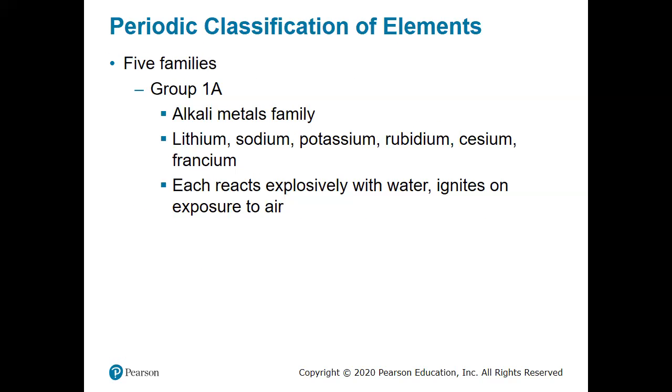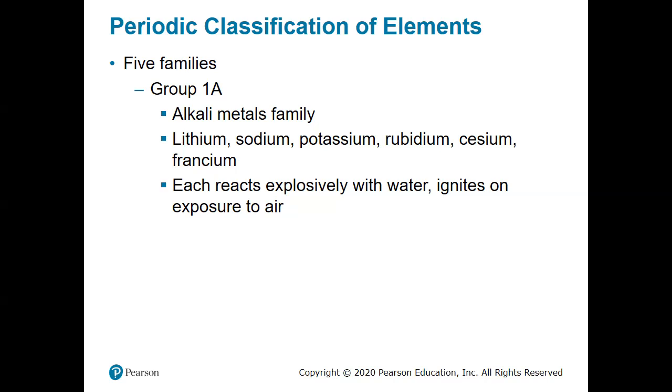So let's talk about 5 common families. The first of the common families is the group 1A. Group 1A is known as the alkali metal family. Inside of the alkali metal family, you're going to find everything in group 1 other than hydrogen.